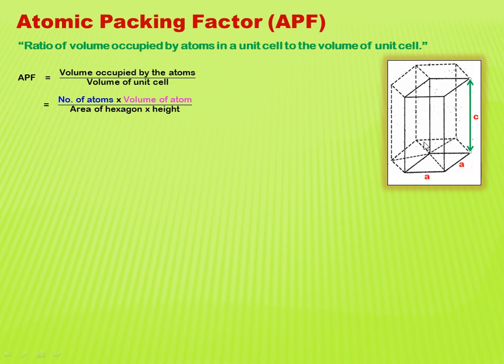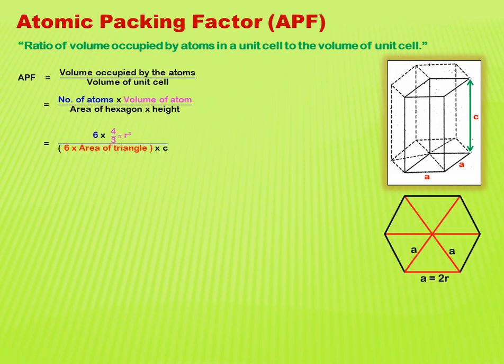Like this is hexagon, if its area is multiplied by this height c, we get volume of unit cell. Since in HCP there are 6 atoms, so we put 6 here. Atoms are in spherical form, so their volume is 4 by 3 pi r cube. Height is represented by c, this c.